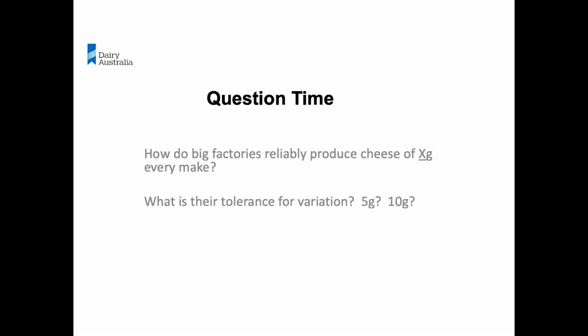When we have standardized the milk with all of those parameters, it becomes much easier to use a standardized recipe that will produce a standardized yield and a standardized process.